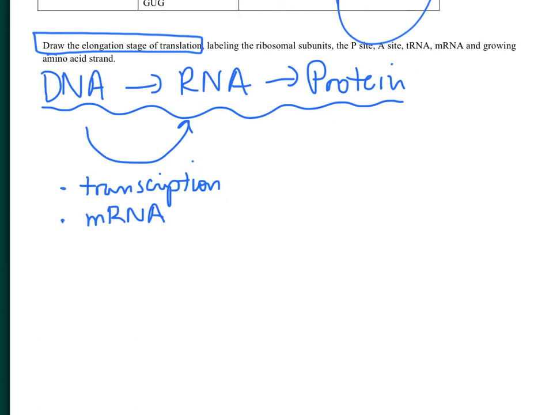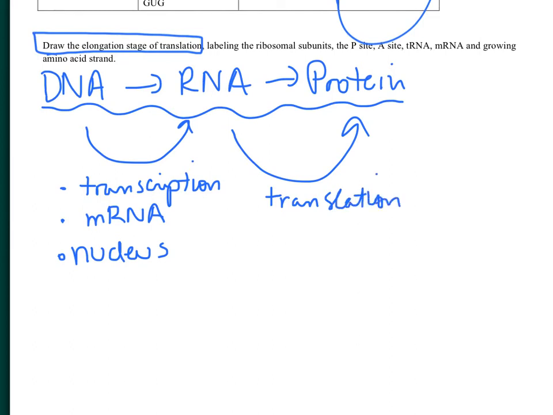This happens in the nucleus, where the mRNA simply is read to make a protein in the process of translation. Our mRNA molecule is the result of complementary base pairing with a template region of DNA.